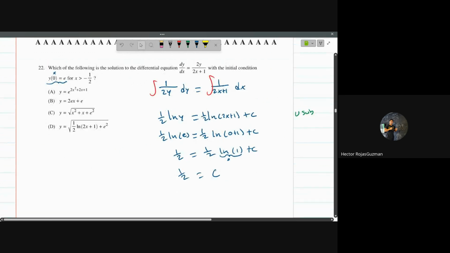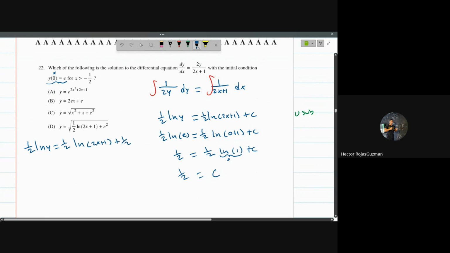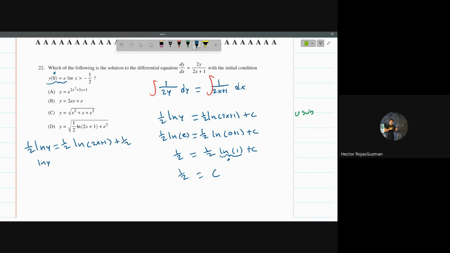So now I have 1/2 the natural log of y is equal to 1/2 the natural log of 2x plus 1 plus 1/2. What I can do next is multiply everything by 2. Then I can use e.